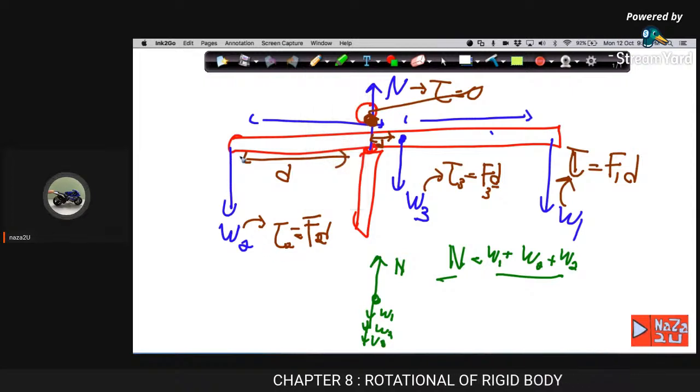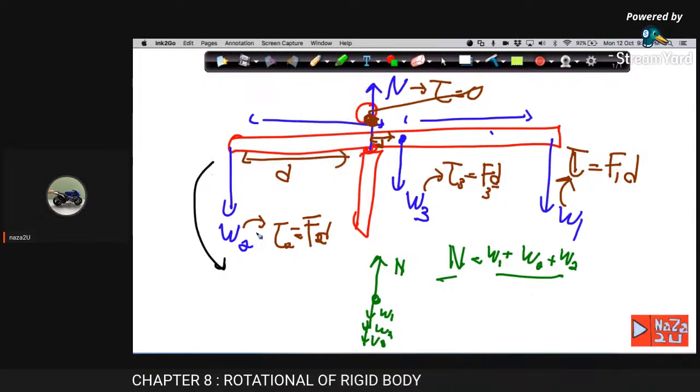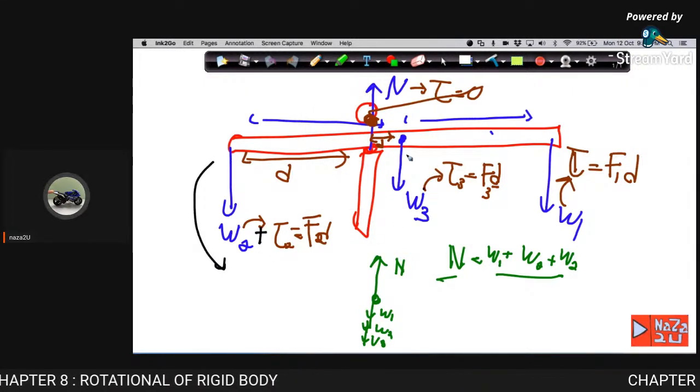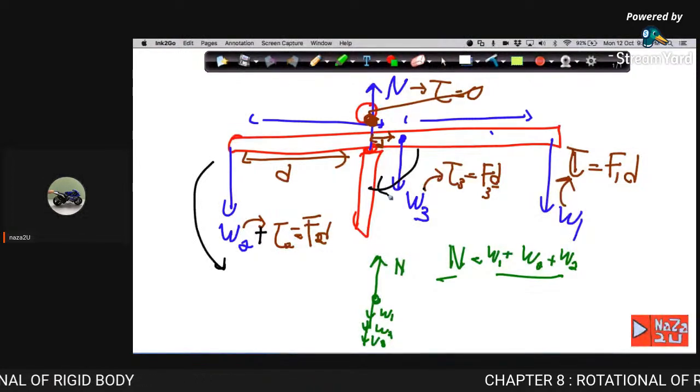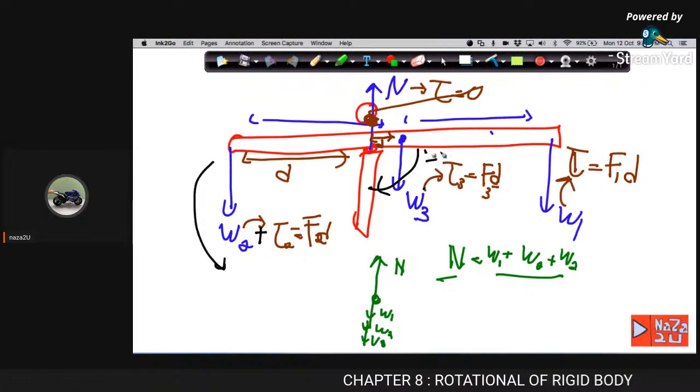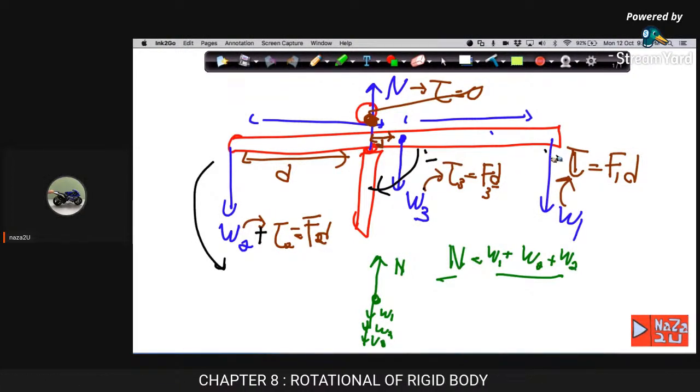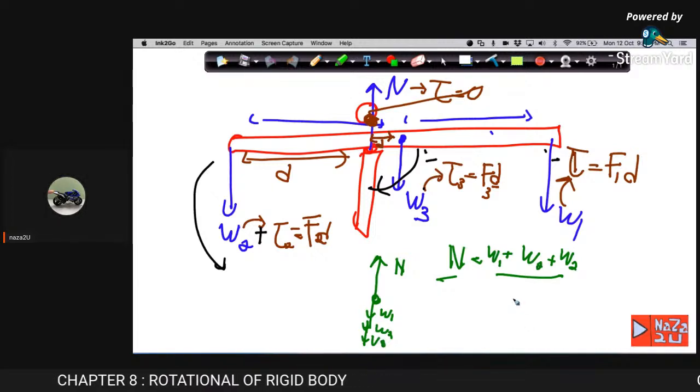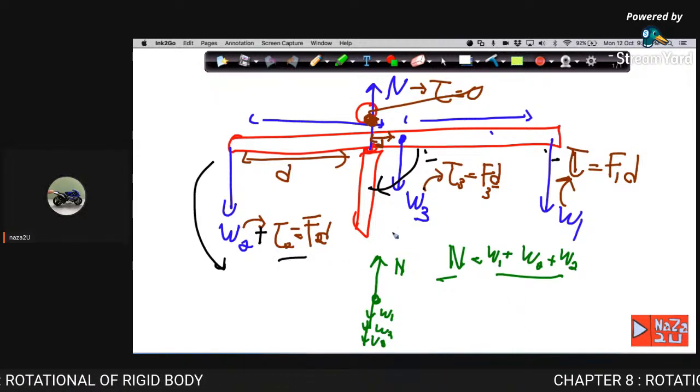Okay, but this torque will rotate clockwise. This is positive torque. This one, W3, rotates anti-clockwise. So this is negative torque. Also here is a negative torque. So if we look here, we have 3 torques.